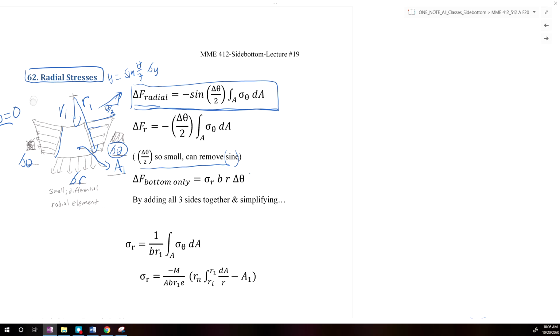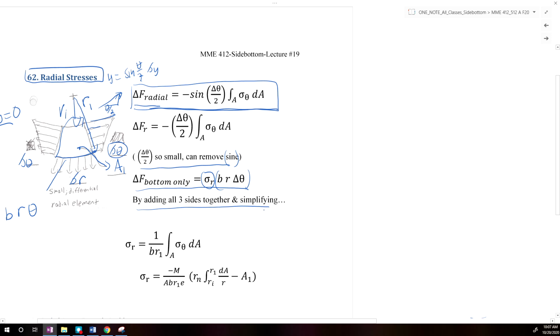Then if we look at the stress in the bottom of our element, we multiply our radial stress by the cross-sectional area. The cross-sectional area would be equal to our arc length, which is r theta, and then the width of this section would just be equal to b.